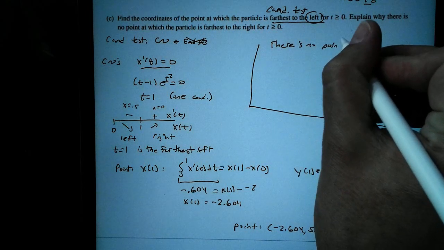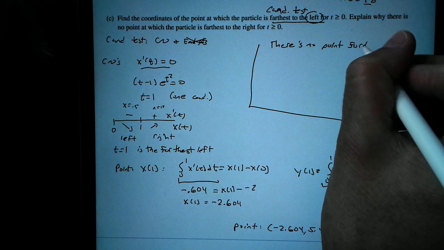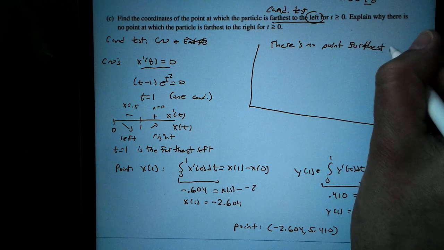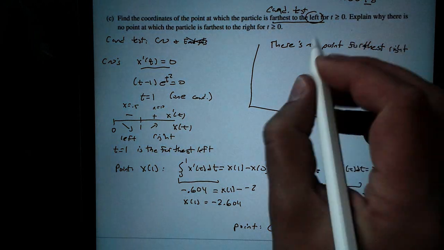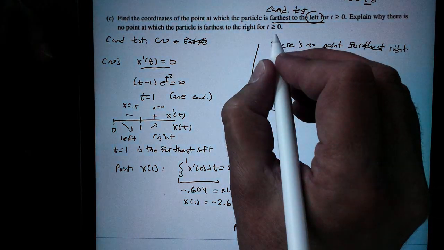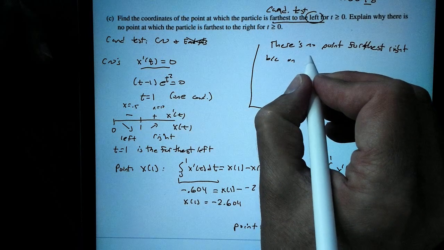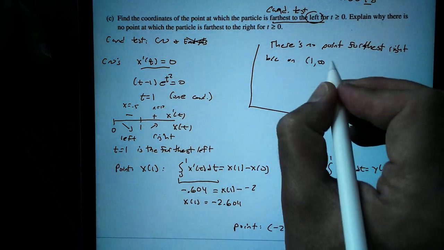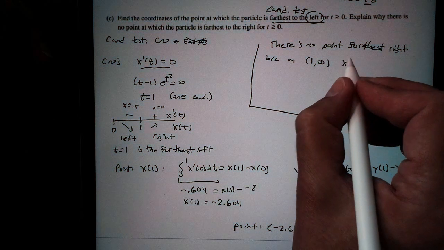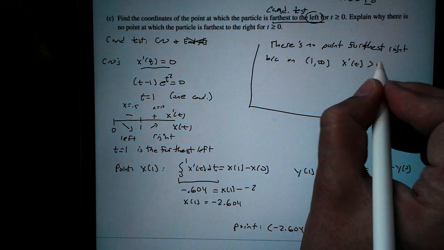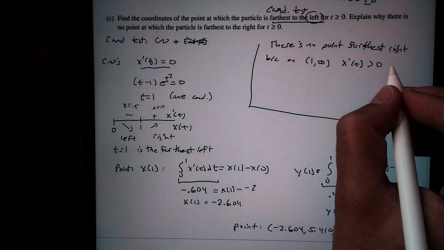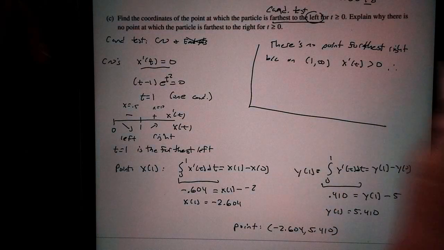No point furthest right. Let's do some calculus stuff here, so we can use some math language. On the domain 1 to infinity, x prime of t is greater than 0. And let's explain what that means in English.